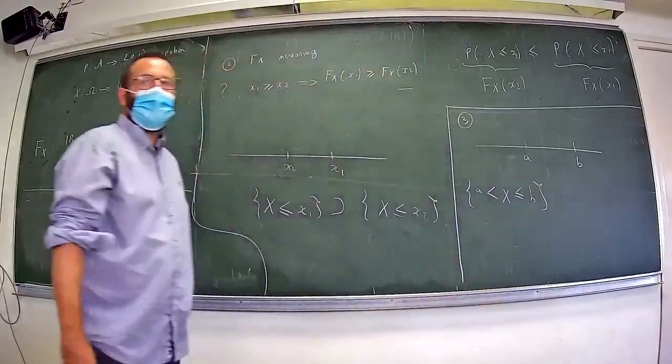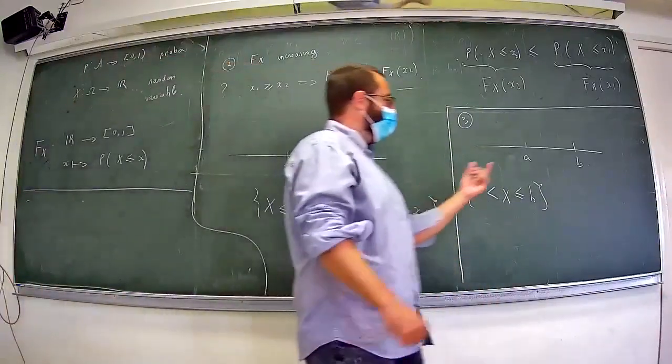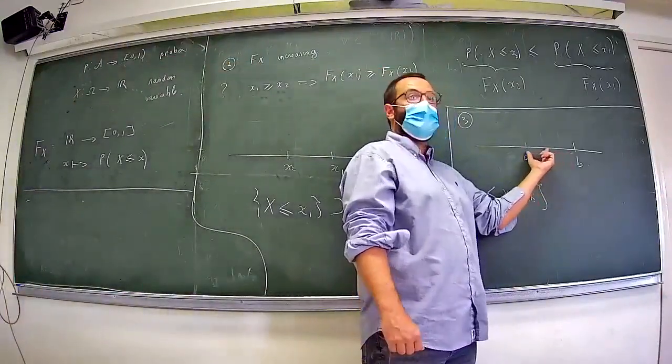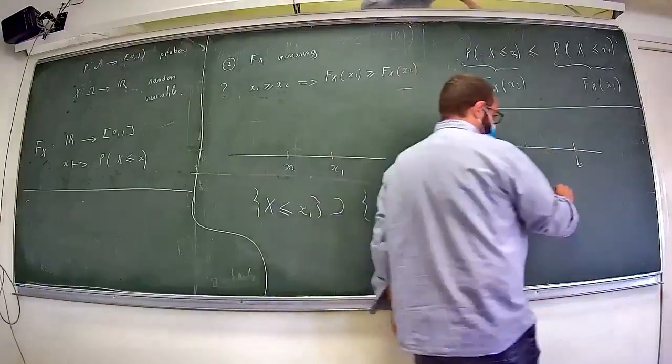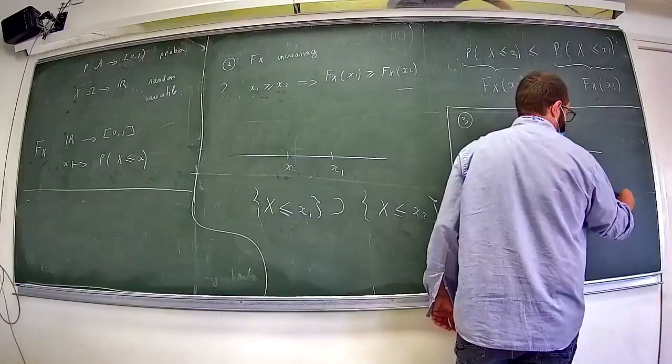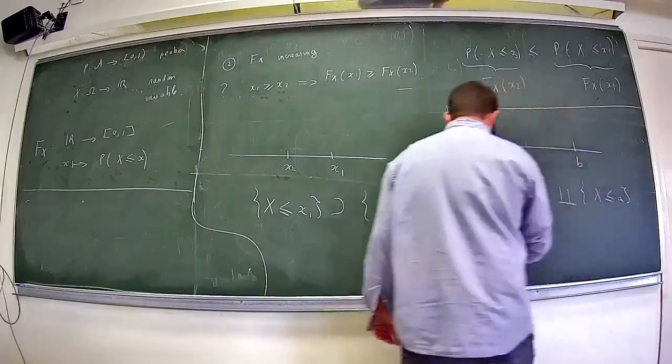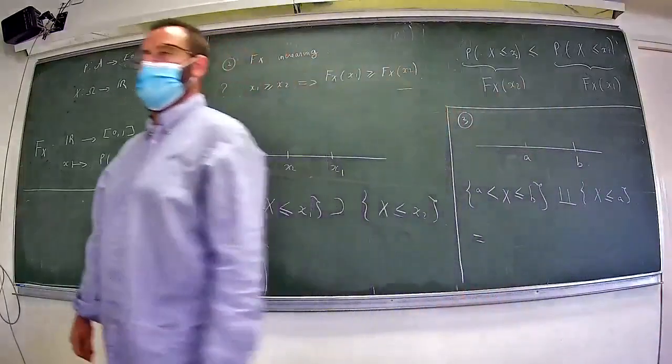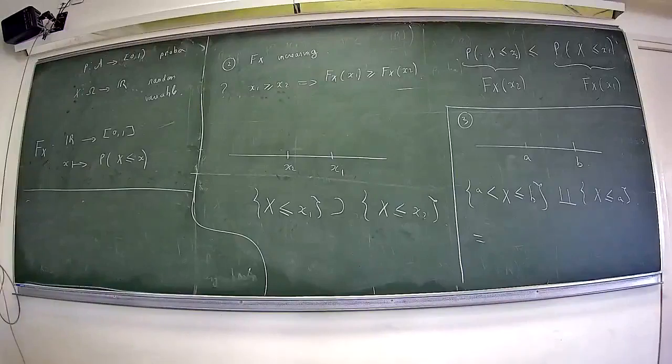If I take this set, so the set where X is less than or equal to B and strictly greater than A, and if I do the union with X less than or equal to A, what do you obtain? It's a disjoint union, in fact. What is this?